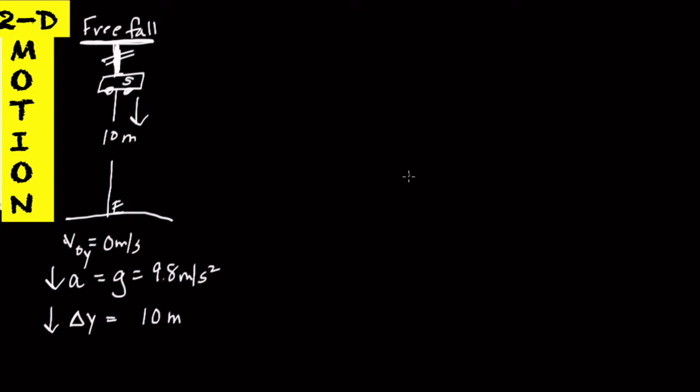Now, do I know anything else for sure at the beginning of this problem? No, I don't. But can I find things out? Sure. Can I find out the final velocity in the y direction? Yes. What is this thing going to do? It's going to start out at rest. Let me write these arrows over here. And it's going to be speeding up. And every second, its speed's going to increase by 9.8 meters per second.